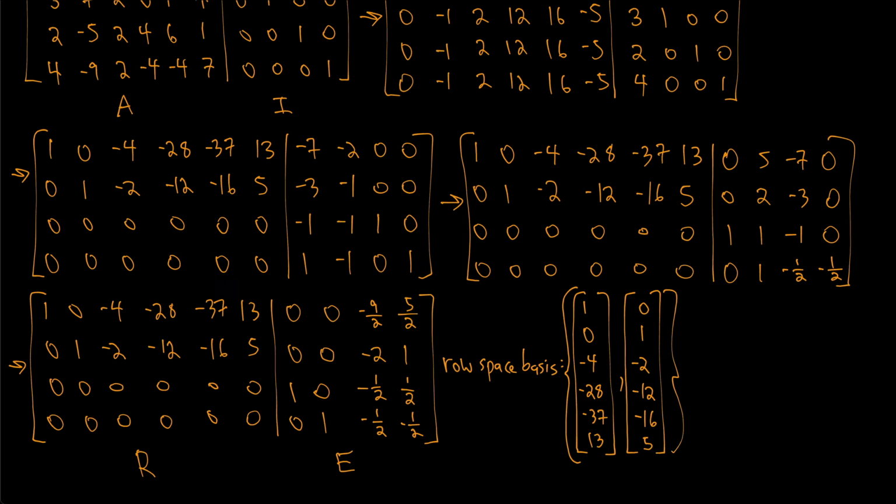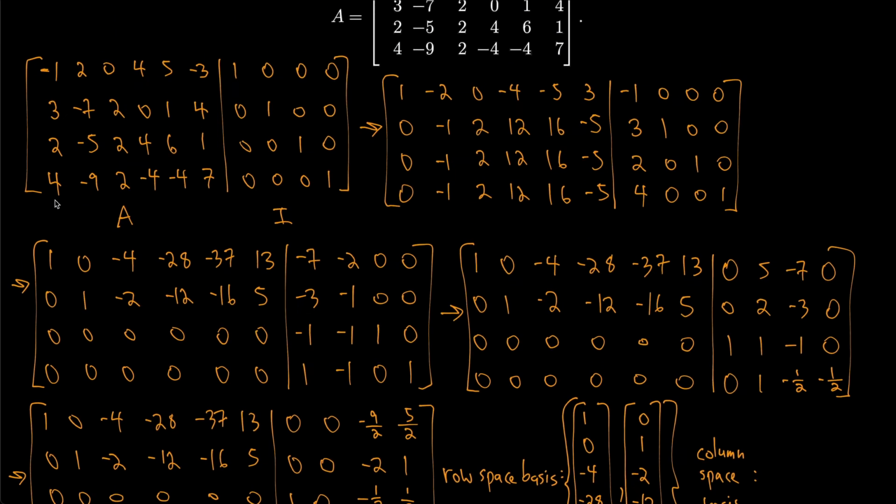For the column space basis, running out of space a little bit, but that's okay. We have these two leading ones, so those correspond to the columns in A that make up our column space basis. So that's the first two columns.